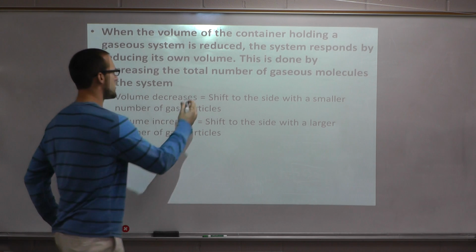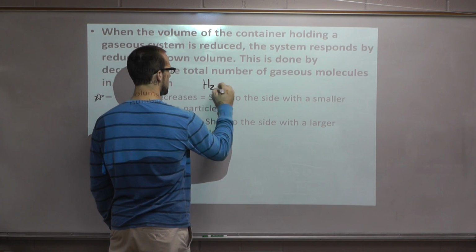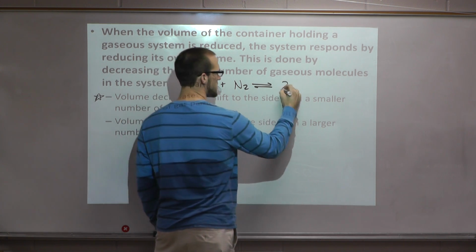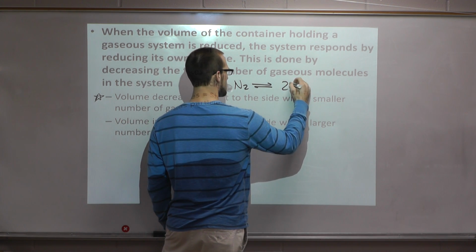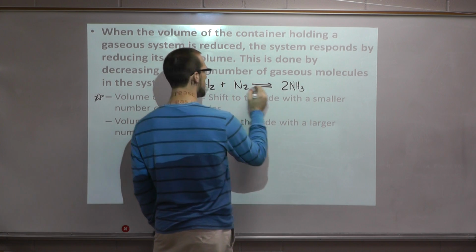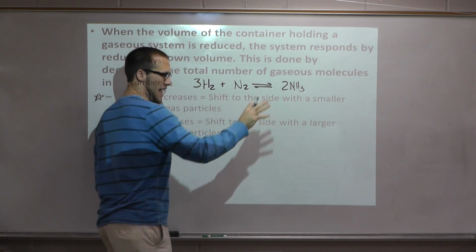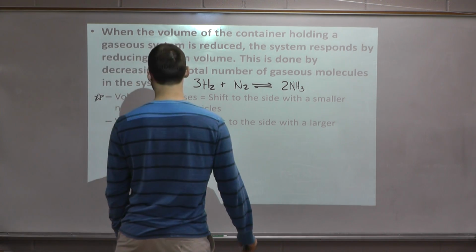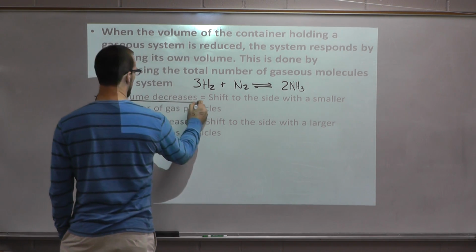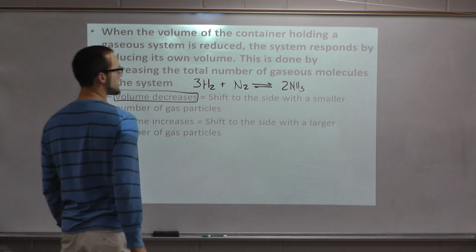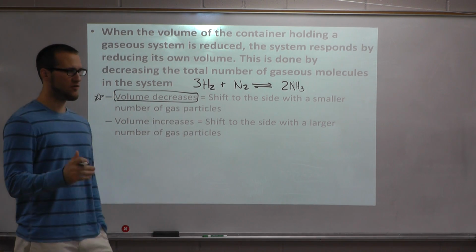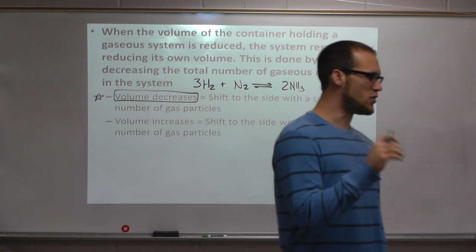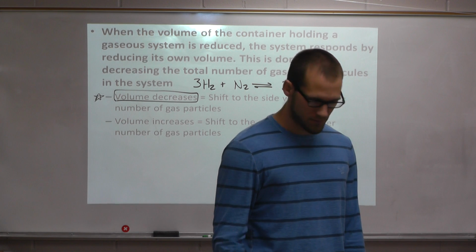Actually, I'll just give an example now. We've been using this a lot, we might as well just continue using this one. And these are all gases, does that make sense? Okay? So, let's decrease the volume of this particular reaction. So if I'm decreasing the volume, the reaction wants to remove that stress by doing what?